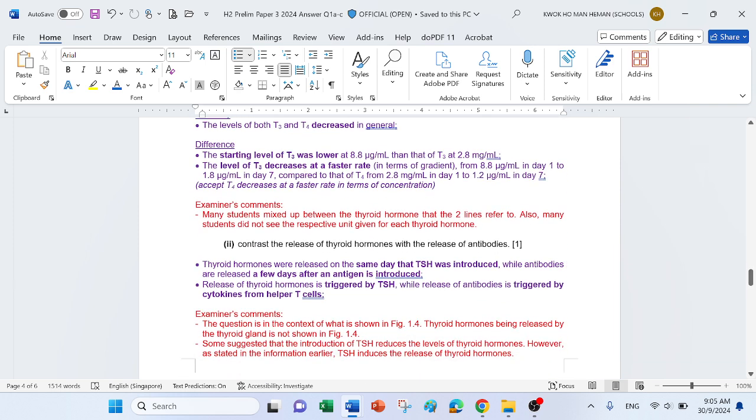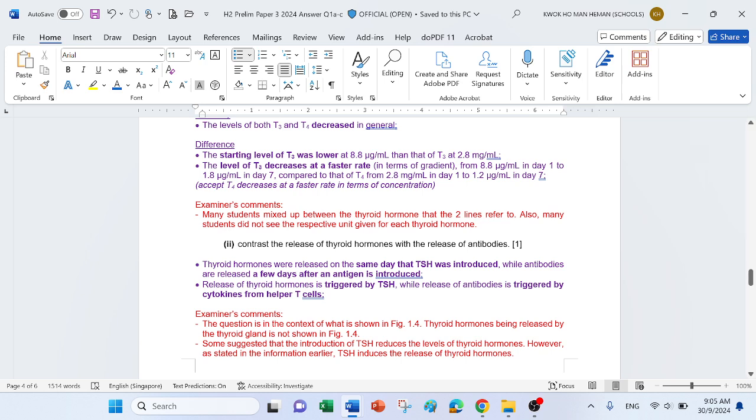All right, the differences, contrast between the release of the thyroid hormones and the release of antibodies. So two possible answers. The release of the thyroid hormone is on the same day when the TSH was introduced. If you read back on the information in the previous page, TSH is one of the hormones that trigger the release of thyroid hormones.